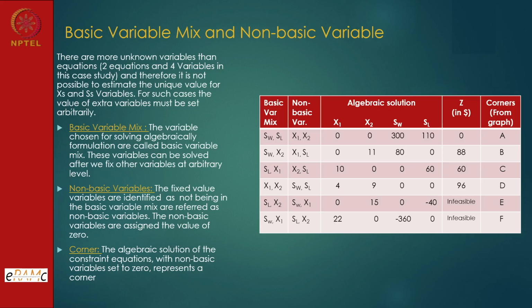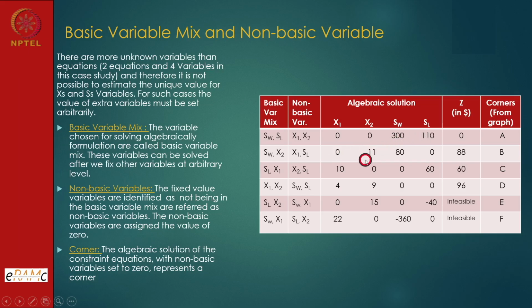Now we extend this and work upon the problem in terms of basic variables and non-basic variables. If x1 and x2 are 0, that is no table and no chair, then SW will be 300 and SL will be 110.